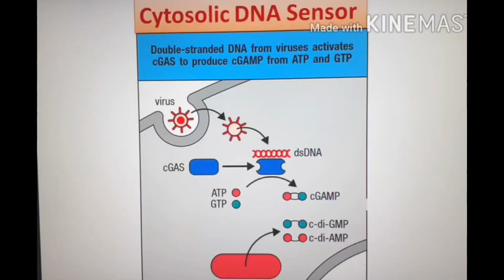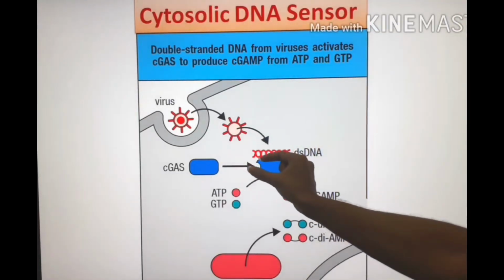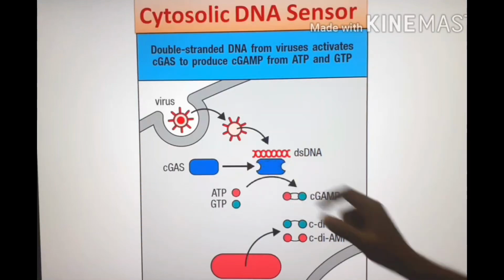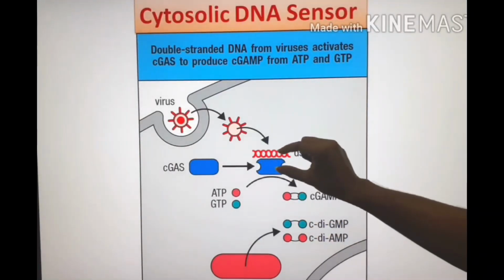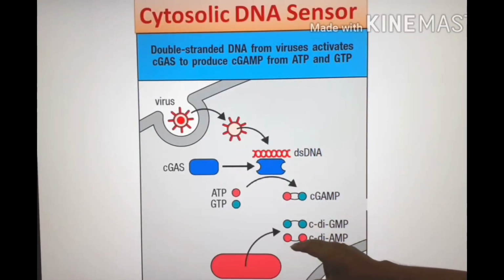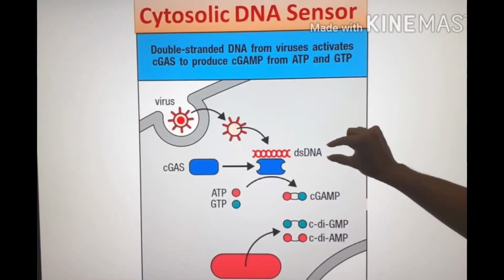Another component of our innate immunity is the cytosolic DNA sensor, called CDS. When virus or bacteria enter the cell, a molecule called cGAS, meaning cyclic GMP-AMP synthase, which remains inactive, becomes active and can sense the double-strand DNA of the virus.